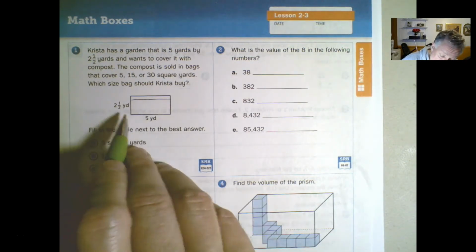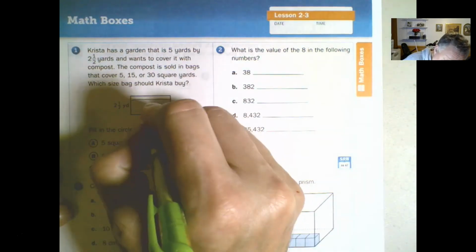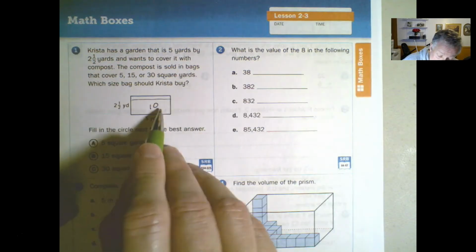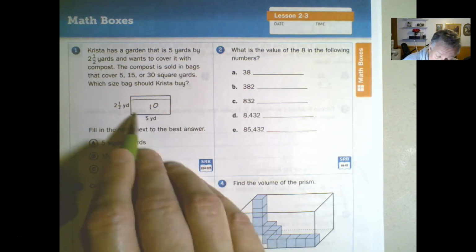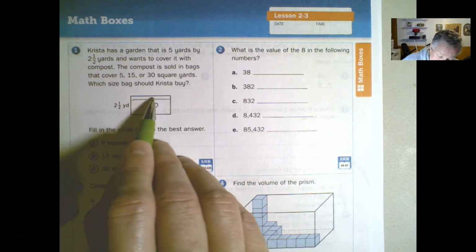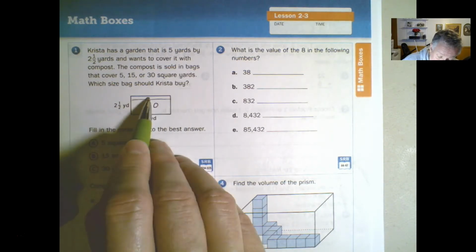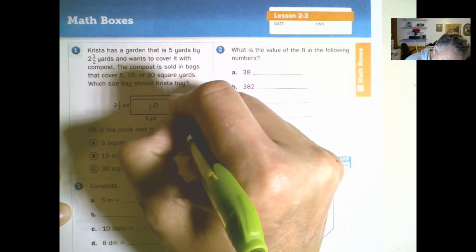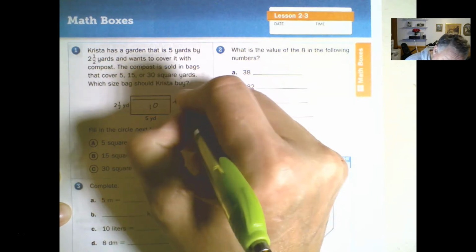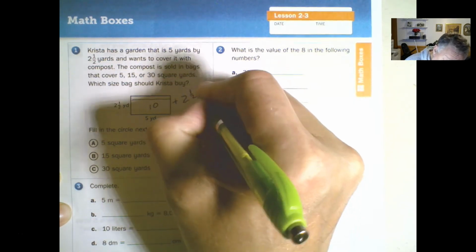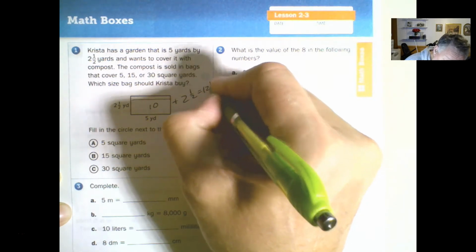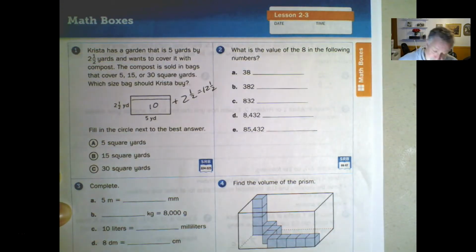If I just do my 2 by 5, that gives me 10 square yards, and then this piece is 1/2 by 5, and 5 halves is 2.5. So my total area, 12.5.